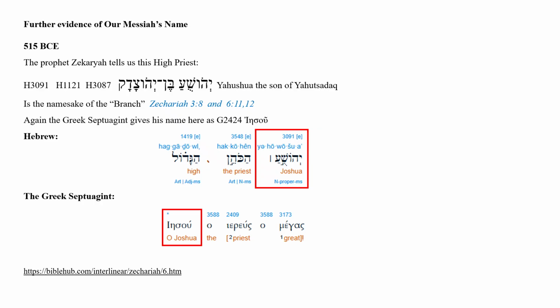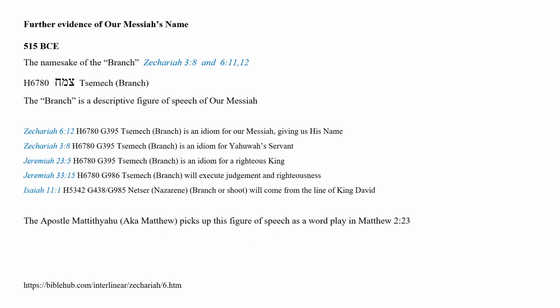Again, the Septuagint gives his name here as G2424. The namesake of the branch. Branch is a descriptive figure of speech of our Messiah. The Apostle Matthew picks up this figure of speech as a wordplay in Matthew 2:23.